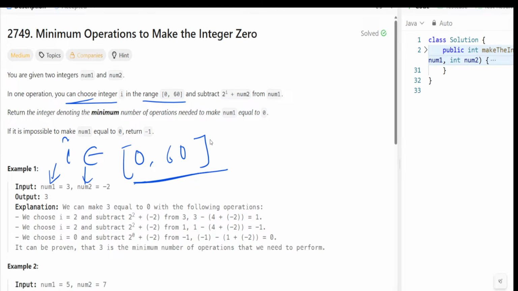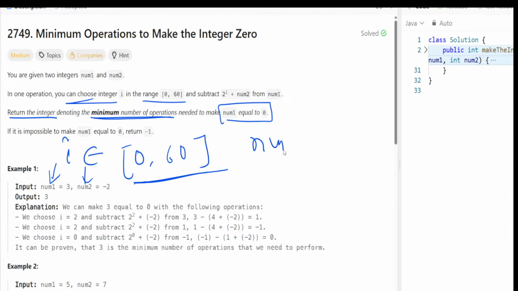Now it is saying we have to return the minimum number of operations to make num1 equal to 0.